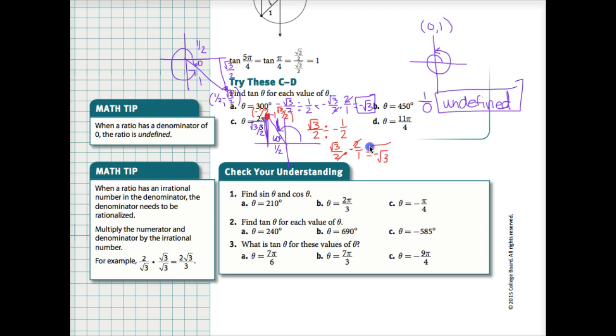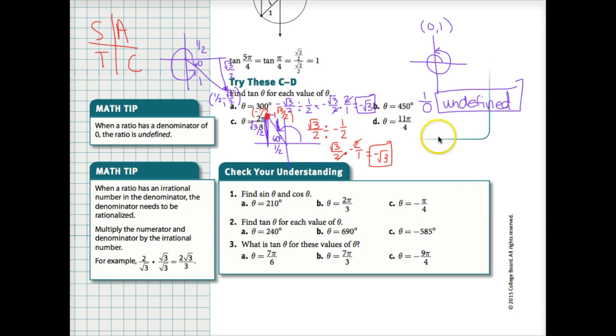I get negative radical 3 for the tangent of 2 pi over 3. They're not the same angle, they're not even coterminal, but I still get the same tangent, and the reason why is because their reference angles are the same. And the tangent, if I look at my All Scholars Take Calculus, tangent is negative in both quadrant 4, which is where A was, and in quadrant 2, which is where C was.